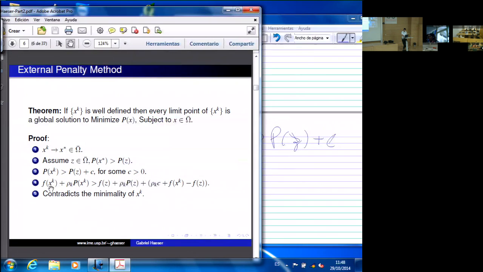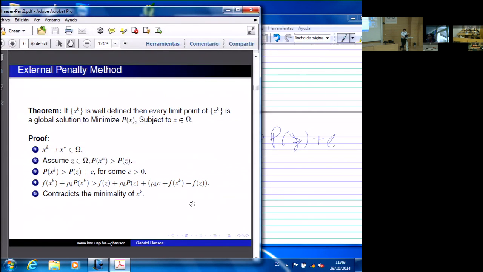Now we add f of xk on both sides, and we add and subtract f of z here. Okay, so we have this inequality. So let's see that this must contradict the minimality of xk, the definition of xk. Remember that xk was defined such that this function is the least value it could assume. So we are proving that it is greater than this number. That is, this is the same function evaluated at z plus this term.